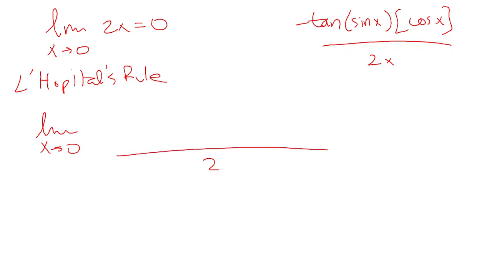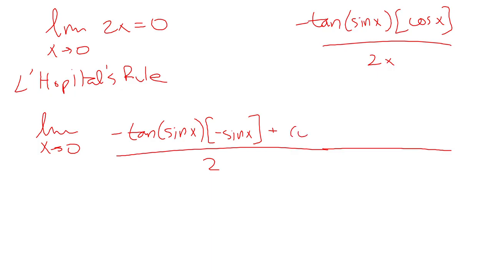So we're going to have a 2 in the denominator because the derivative of 2x is 2. And then negative tangent of sine x times cosine x is going to be a product rule. So it'll be negative tangent of sine x times the derivative of cosine, which is negative sine x. And then we will add to that the cosine x times the derivative of the negative tangent of sine x.